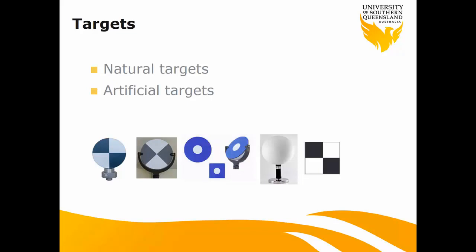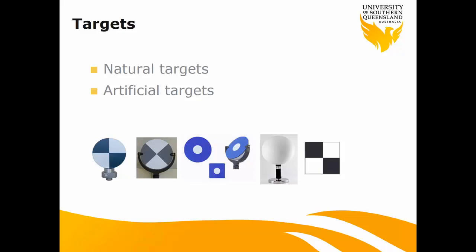What kind of targets can we use in the laser scanner? Generally, we can use either natural targets or artificial targets. What are natural targets? For example, in this classroom, you can see many different planes and corners.